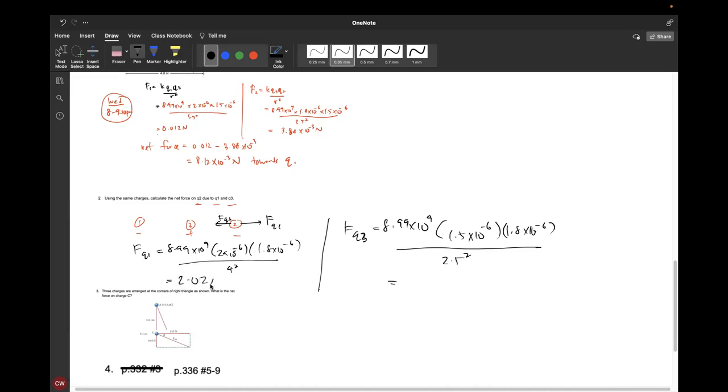2.02. Another one is 3.88 times 10 to the minus 3. So the net force, the larger force is from Q3. So for the net force, you have to take Q3 minus Q1.